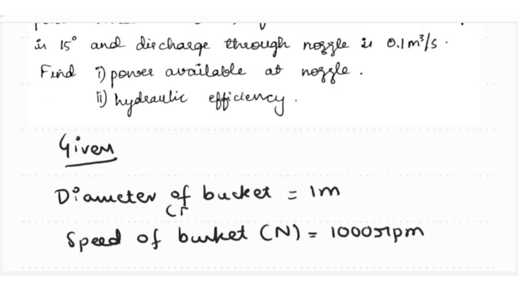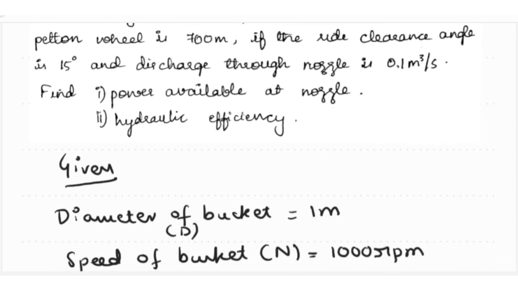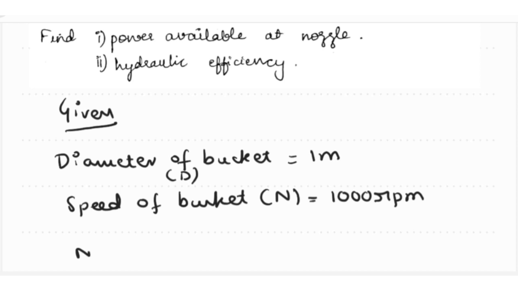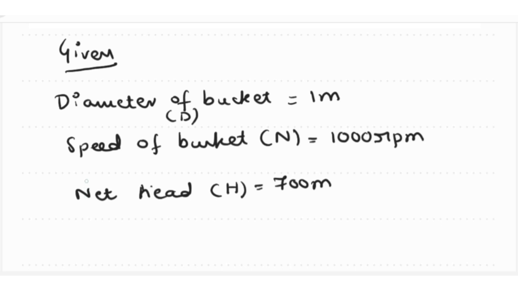So this is D, the diameter, and the net head is given, net head is 700 meter, and side clearance is given as 15 degree, so that is nothing but beta 2, the side clearance angle, beta 2 is equal to 15 degree.